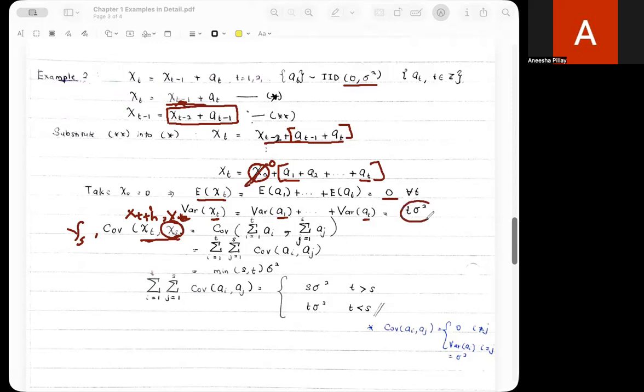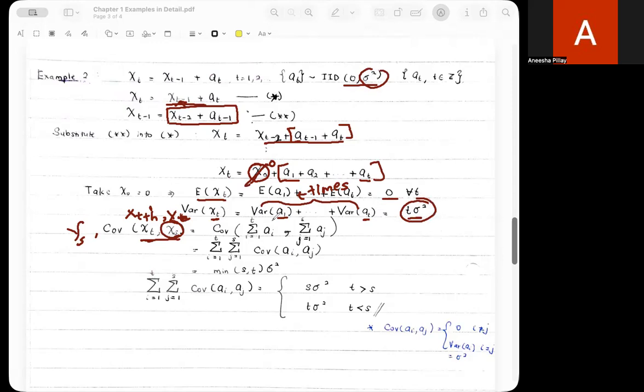And this would give you t times, because this is all happening for t times. So t times the variance, because it's sigma square, will be t sigma square.